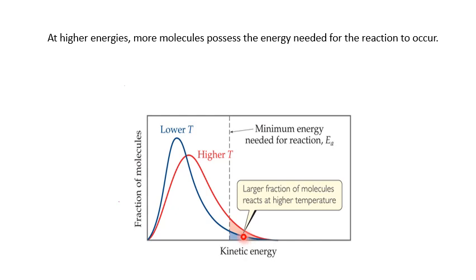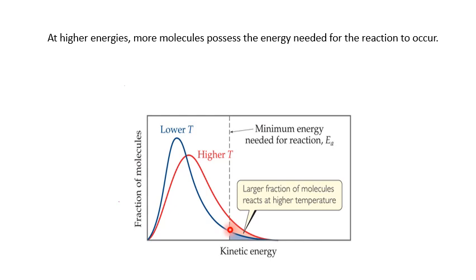The majority don't have enough energy, so they will simply bounce apart. For the same amount of gas, if we increase the temperature from a lower temperature to a higher temperature, for the same number of particles in the reactant mixture, what happens? At higher temperature, more molecules are energetic enough to achieve that activation energy.